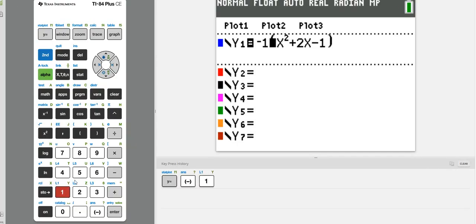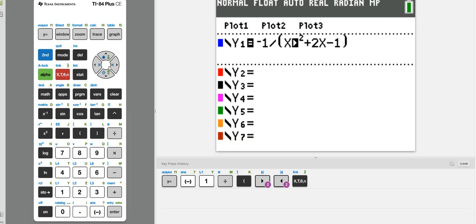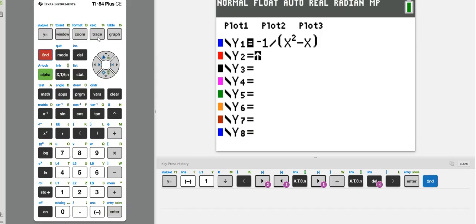Negative 1 divided by parentheses, let me just call it x squared minus x. It's not treating me right. X squared minus x. There we go.